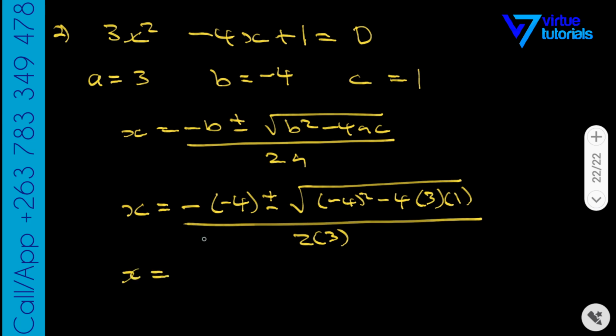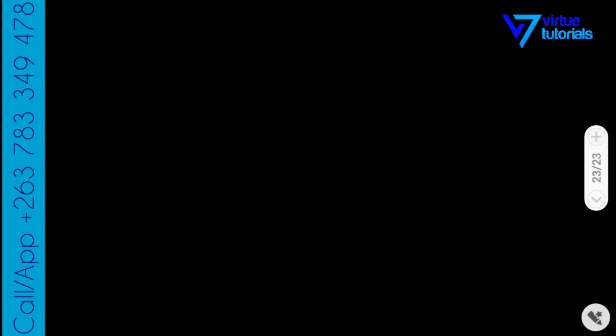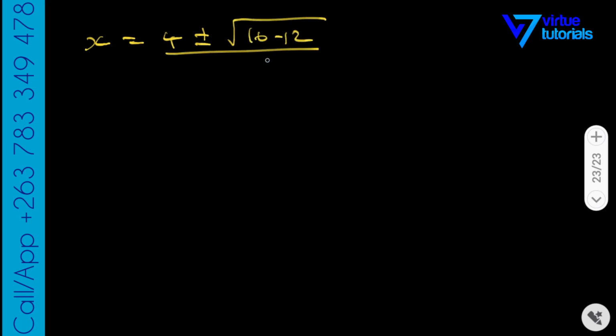So x will be equal to minus of a minus gives you a positive 4 plus or minus square root of minus 4 squared. Minus times a minus gives you a positive, so it gives you a positive 16. 4 times 3 is 12, times 1, 12. So 16 minus 12 there, all over 2 times 3, that's 6. So I'm going to take that to the other page. X is equal to 4 plus or minus square root of 16 minus 12 all over 6.